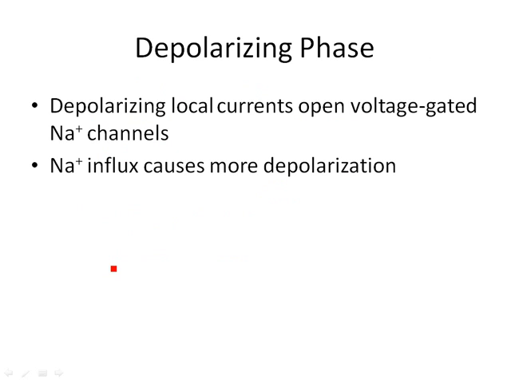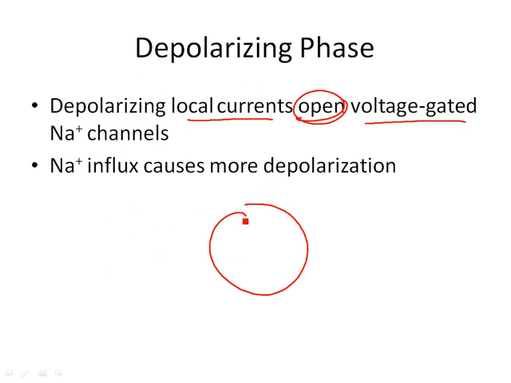Alright, so during depolarization, you're starting to get a change in current. This voltage is starting to change, and it's going to cause those voltage-gated sodium channels to open. Here's your cell: sodium's high out here, sodium's low in here.